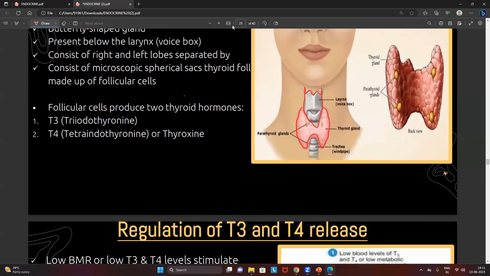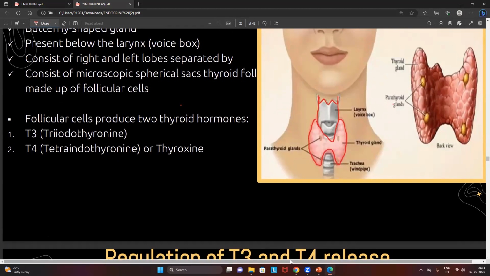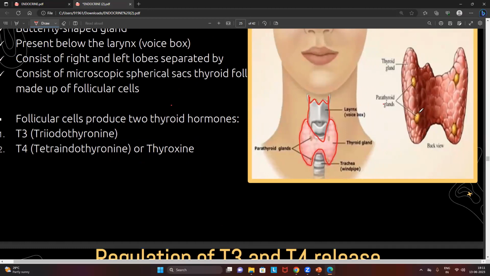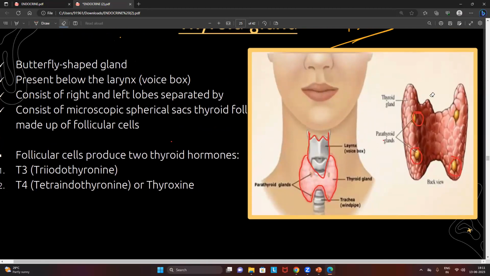Within the thyroid gland, certain other glands are situated. You are all able to see them, which we call the parathyroid glands. Anyway, we will talk about the parathyroid glands later, but focus on the thyroid gland first.